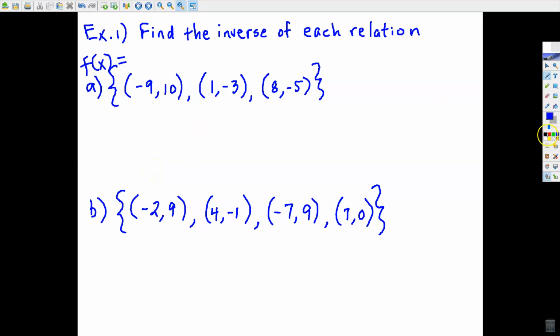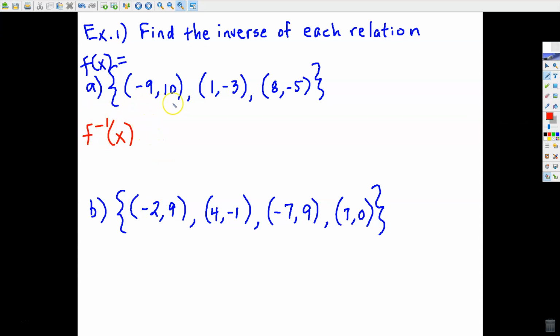The way I come up with the inverse, which is denoted as f negative 1 of x. So when you see this in a context talking about functions, it literally reads as the inverse of.